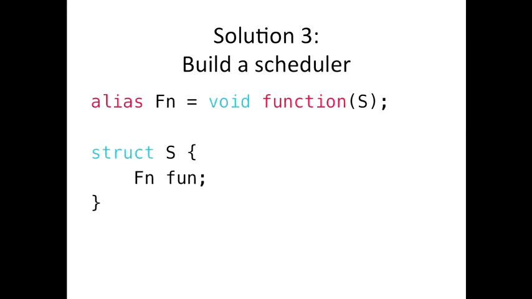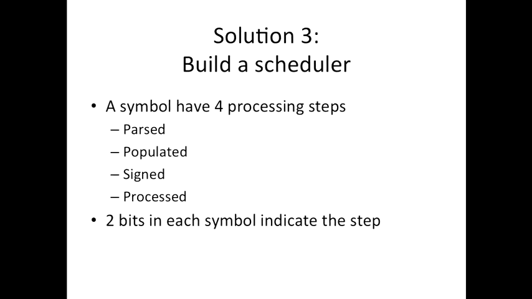So there is an extra bit of information I didn't tell you yet that allows to get rid of this kind of problem. Actually, each symbol is processed in 4 steps. The first step is parsed. Then I'm just out of the parser. Nothing has been done yet. I'm ready to be analyzed. Then populated. Populated is like, I don't really know much about myself, but you can resolve identifiers.